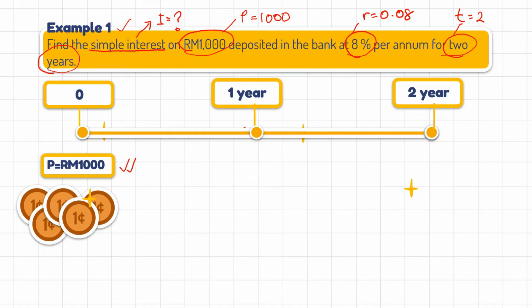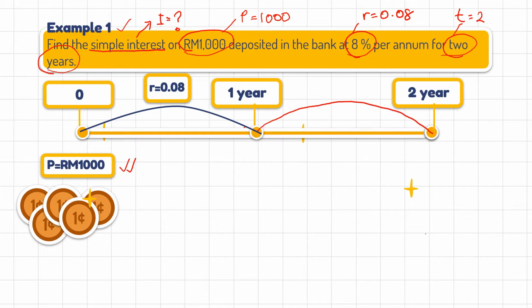Since the original principal is put on today, which is 0, here we will have one loop. This loop is referring to our R equals 0.08. So we just put only one loop. It will be wrong if you put another loop here and write R equals 0.08 again.